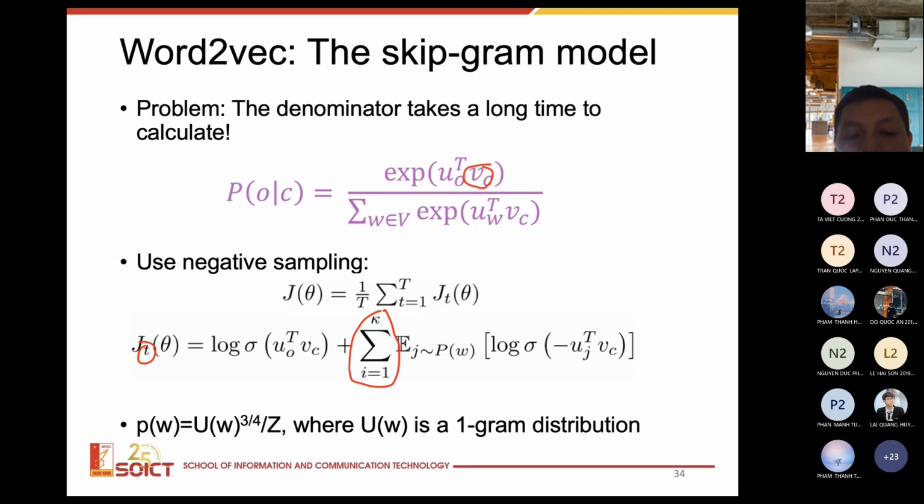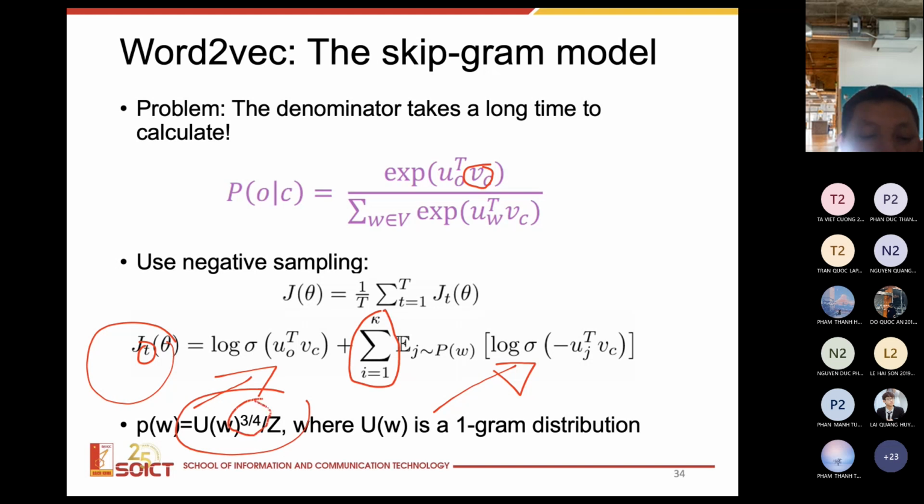If you formulate the loss like this, you want to maximize the probability of having the correct word and minimize the probability of having the wrong word. And the P_n(w) here is formulated this way, and this is just a hyperparameter.